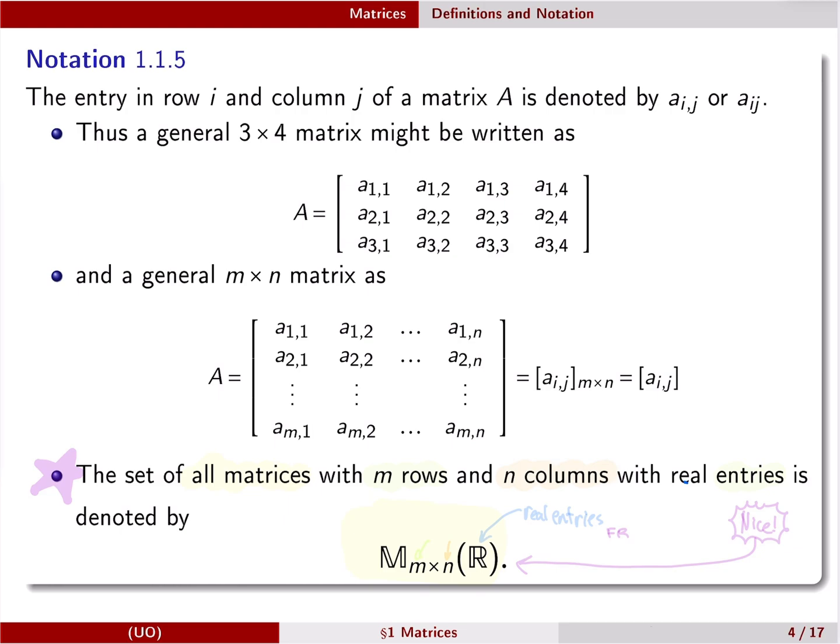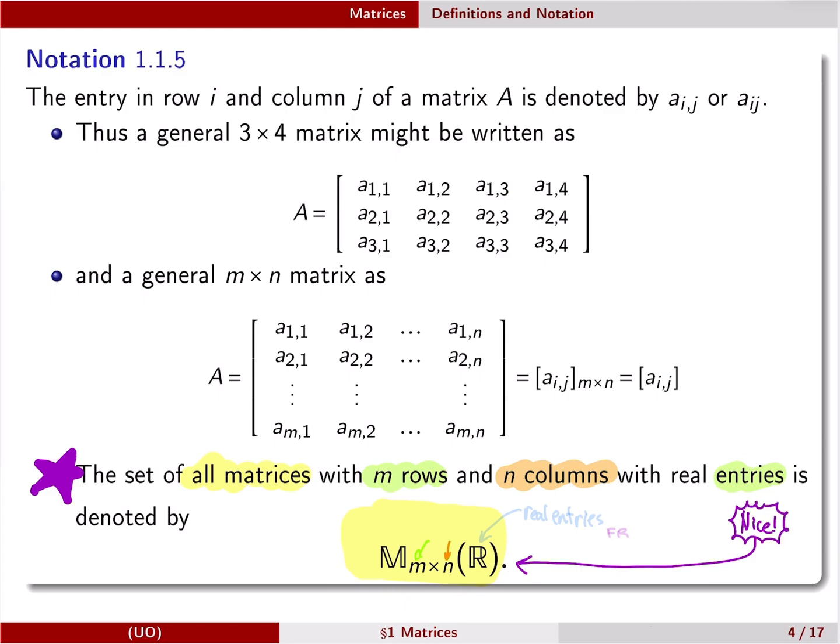It's mostly used when we introduce a new definition or a new operation and we want to write things in general. But one set of notation that we already use in this video: if we talk about the set of all matrices with m rows and n columns, where the entries of that matrix, so what's in the box, are real numbers, we're going to be using the big M with that fancy double-struck R, with subindex m by n.